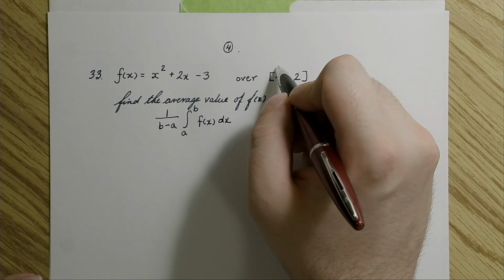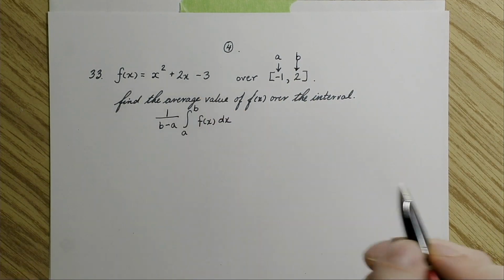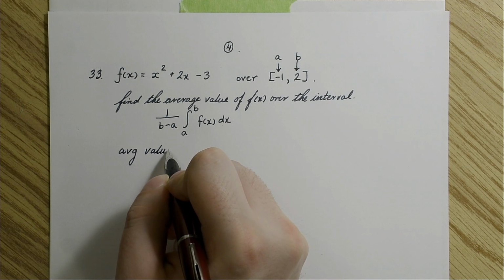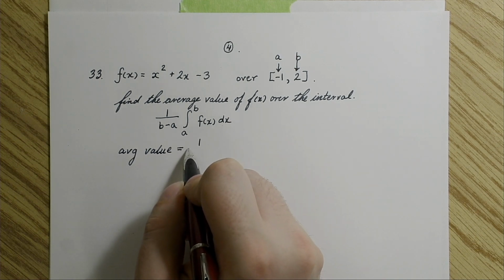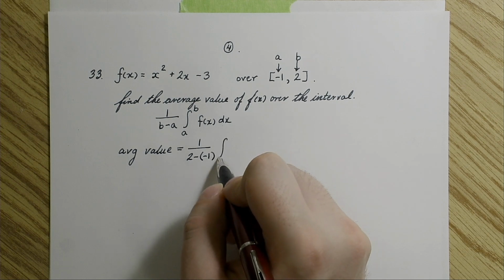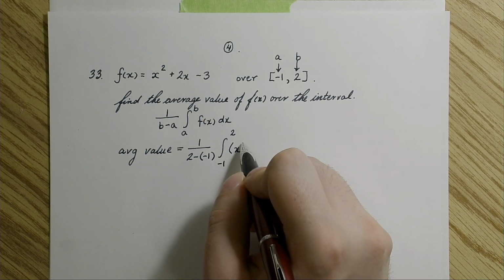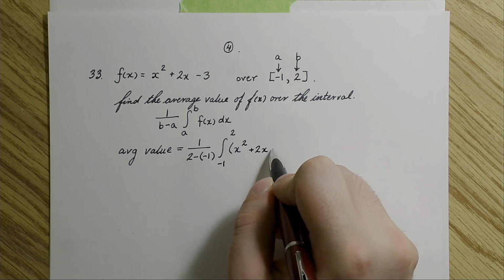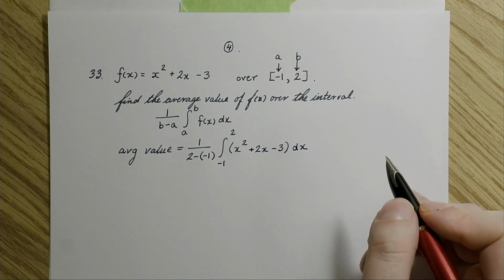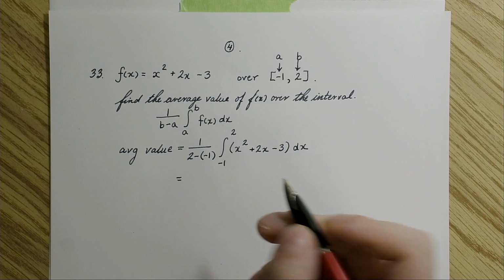So in this case, this is our a and this is our b, and there's our function right there, so that our average value is equal to 1 over b minus a, so that's 2 minus minus 1, from minus 1 to 2. And so again, 2 minus minus 1, that gives me 3.